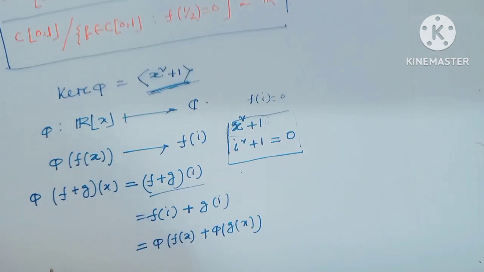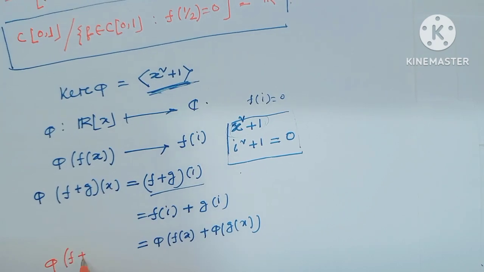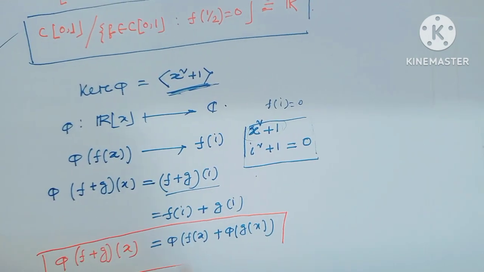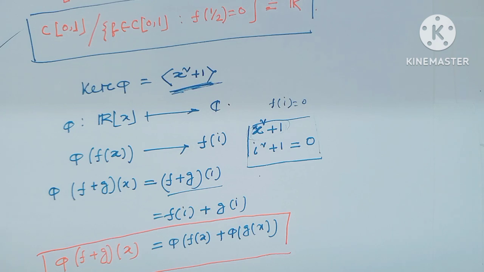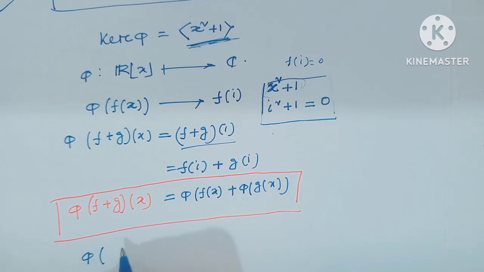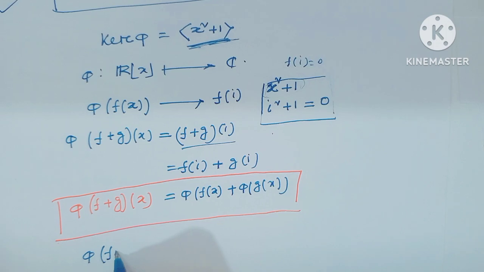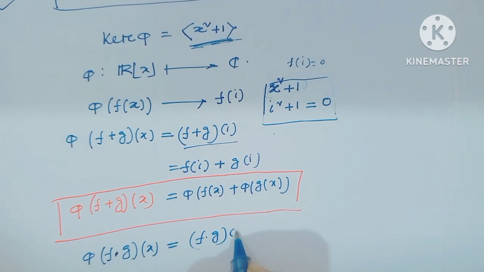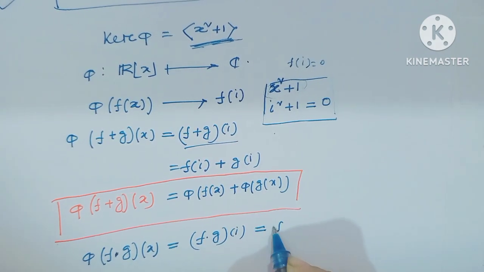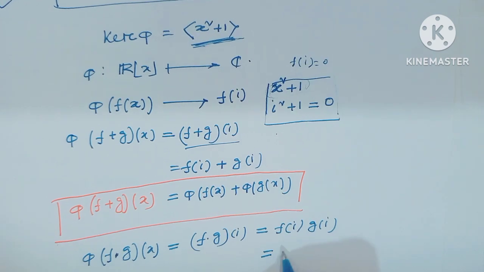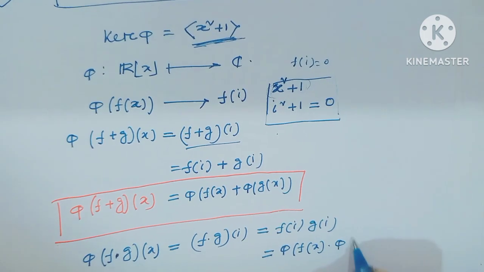That means φ(f + g)(x) is equal to φ(f(x)) + φ(g(x)). Similarly, φ((f·g)(x)) equals (f·g)(i), and by the property of function this is equal to f(i) times g(i), which is equal to φ(f(x)) times φ(g(x)).